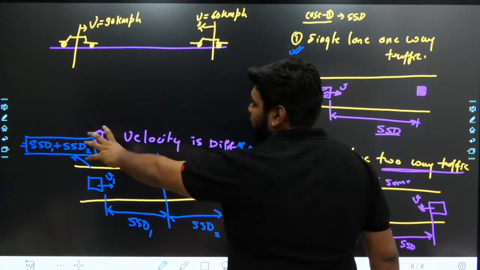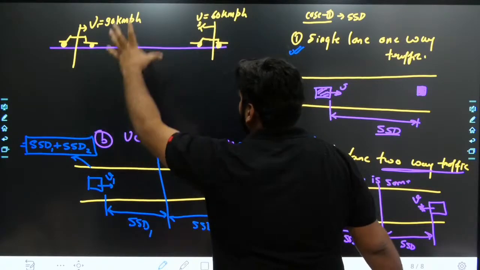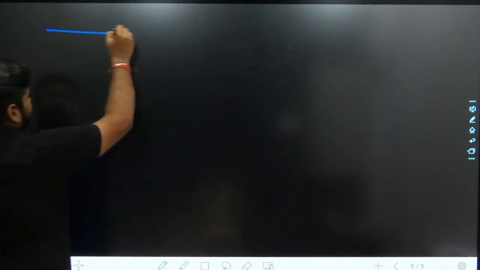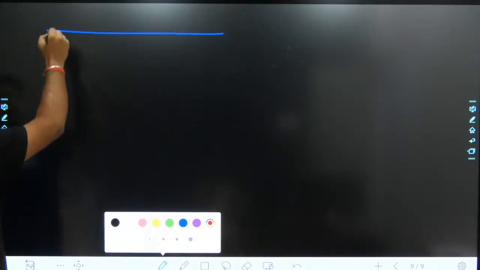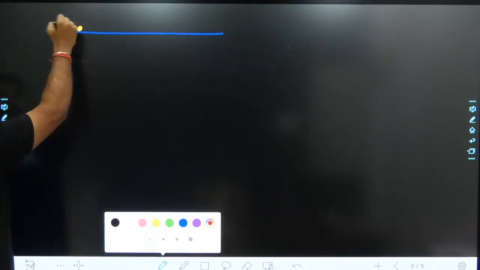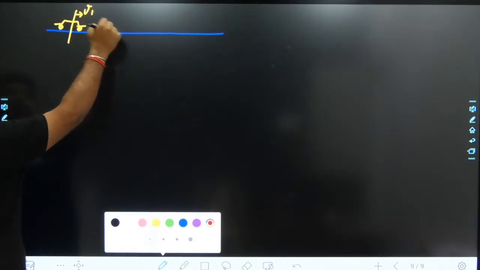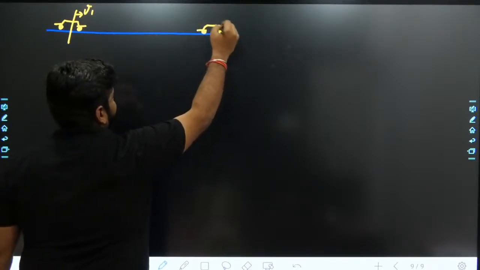This is the total distance you can calculate, that is SSD1 plus SSD2, for single lane two-way traffic. Now let's see how you will calculate the particular distance for this. This is your vehicle moving with velocity V1, and this is the other vehicle moving with velocity V2.